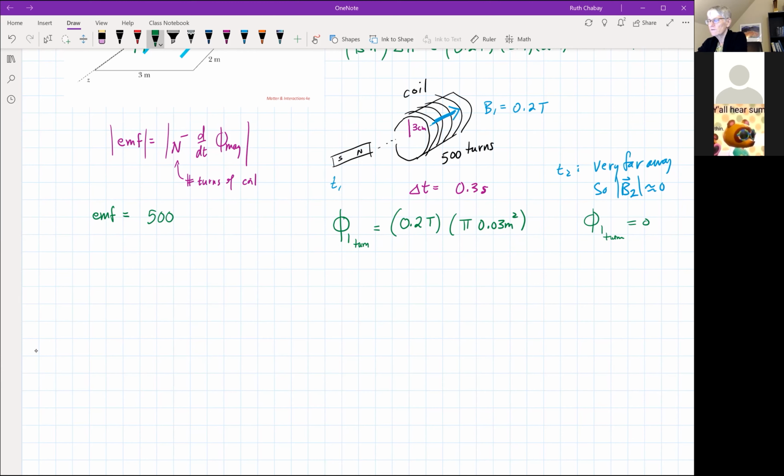So it looks like it's going to be 500 times 0 minus whatever this comes out to, 0.2 Tesla times pi times 0.03 meters squared, this whole thing divided by the time it took, which was 0.3 seconds. And if we work this out, we get something like 9.4 times 10 to the minus 2 volts, so 0.09 volts.